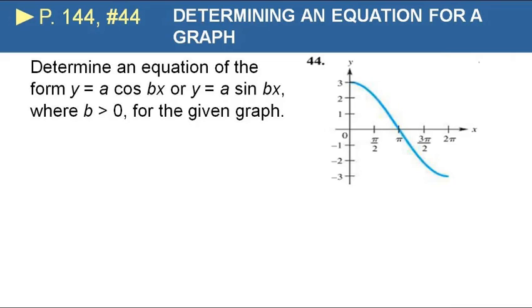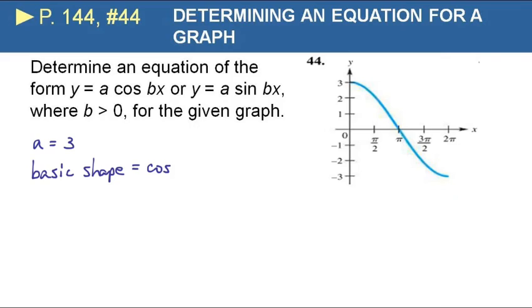Alright, now determine an equation of the form y equals a cosine bx or y equals a sine bx, where b is positive, for the given graph. Okay, first of all, I look at it and I can see that its basic shape is a cosine and its amplitude is 3. Alright, now, in between 0 and 2 pi, it looks like half of a cosine wave.